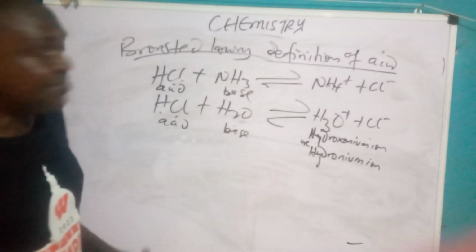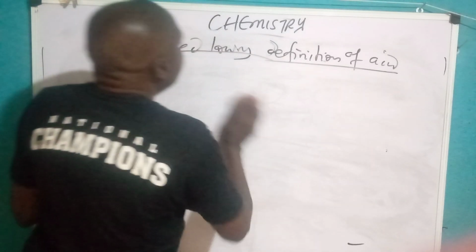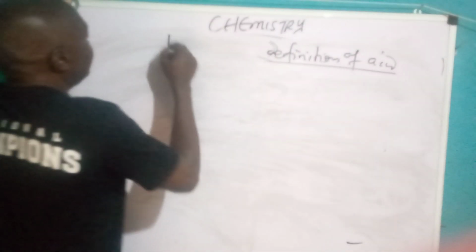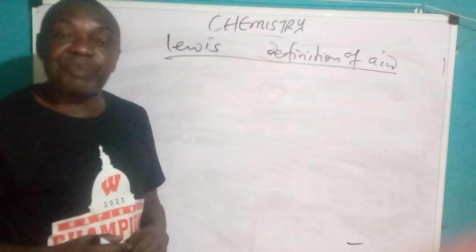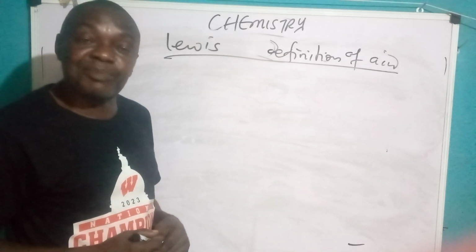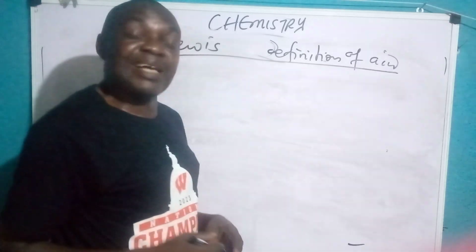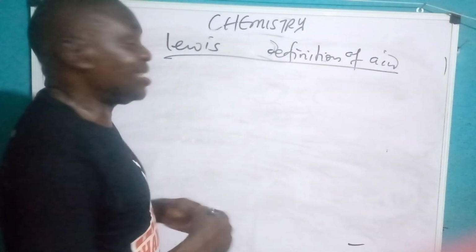Then we now go to the last definition of acid and base, based on Lewis' definition. In this regard, we are talking about electron pairs. According to Lewis, an acid is an electron pair acceptor, while a base is an electron pair donor. One gives the electron pair, the other one accepts it.